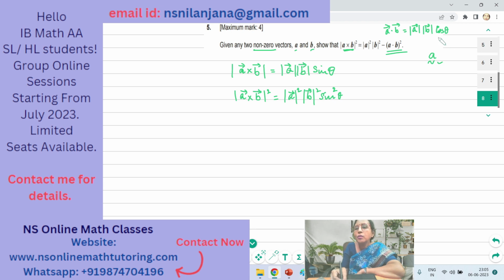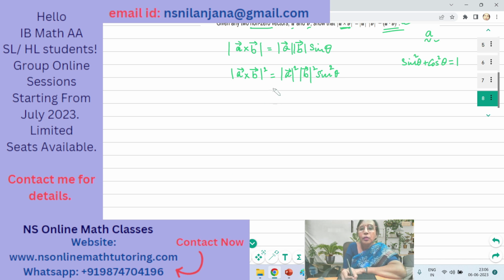Since we have to get to cos theta from sine squared theta, we will be getting cos squared theta because this is whole squared. We need cos squared theta in place of sine squared theta. We will be writing 1 minus cos squared theta in place of sine squared theta, because sine squared theta plus cos squared theta is equal to 1.